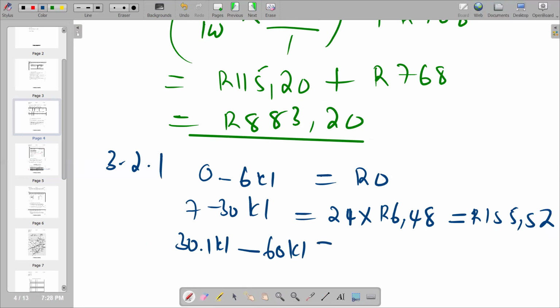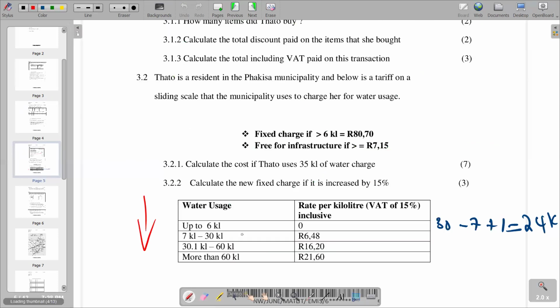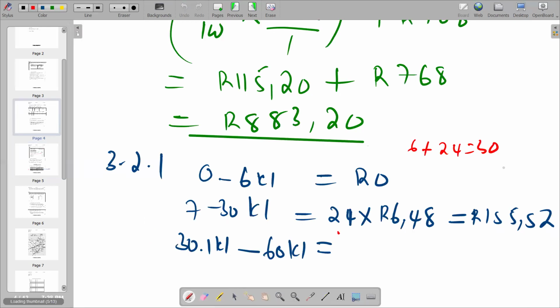We see that already we have taken the first 6 with the 0 rands, plus the 24 that we have here, we get to 30. So the total kiloliters that we have in particular is 35. So already we have taken 30, so it means we are left with 35 minus 30, which is 5. So in this band, we are going to have only 5.